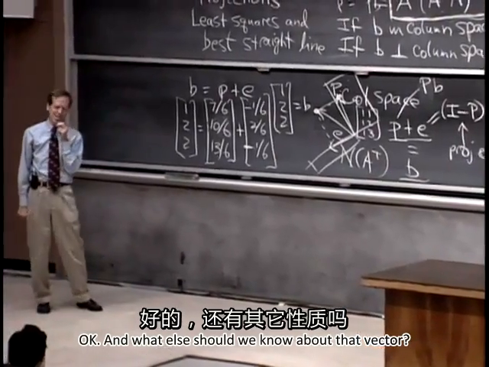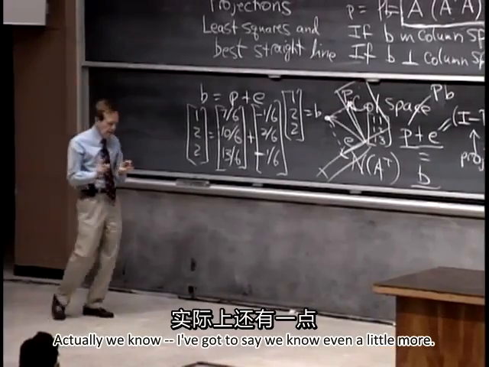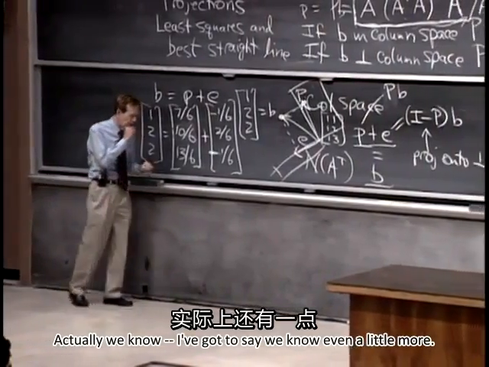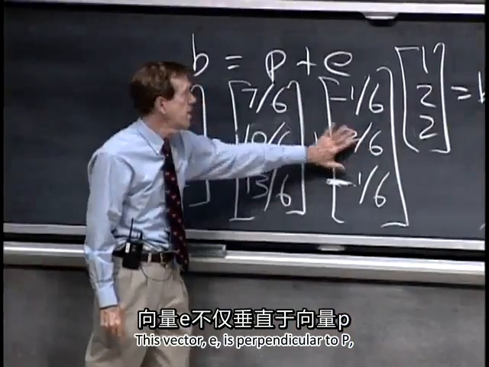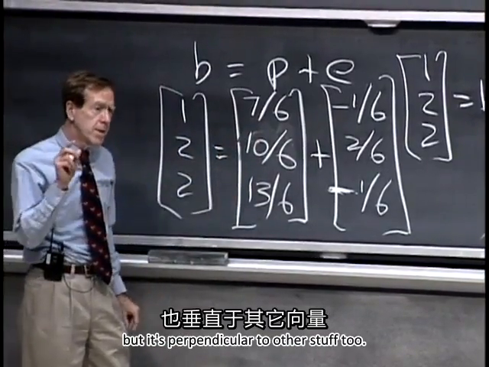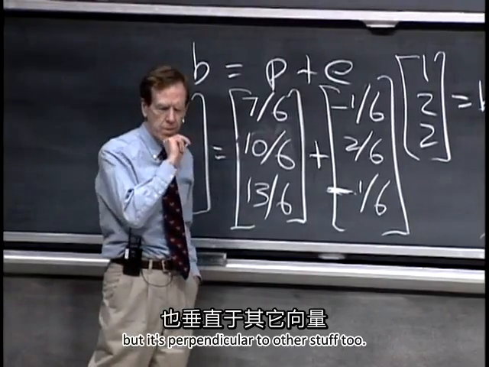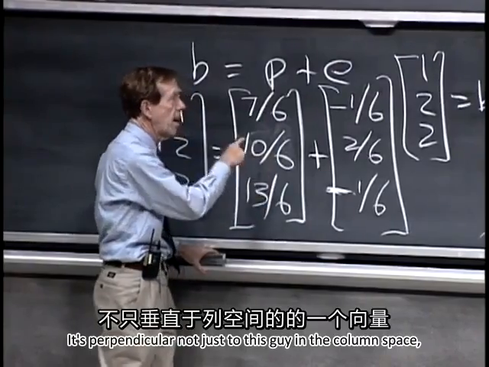And what else should we know about that vector? Actually, we know even a little more. This vector, E, is perpendicular to P, but it's perpendicular to other stuff too. It's perpendicular not just to this guy in the column space.